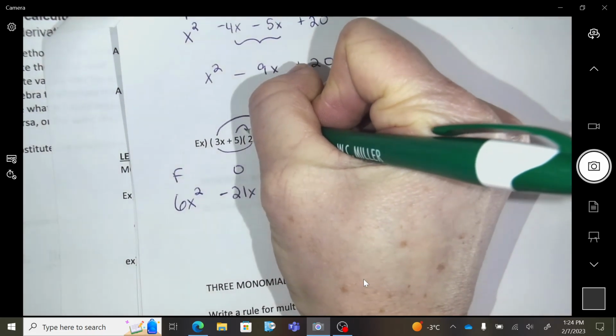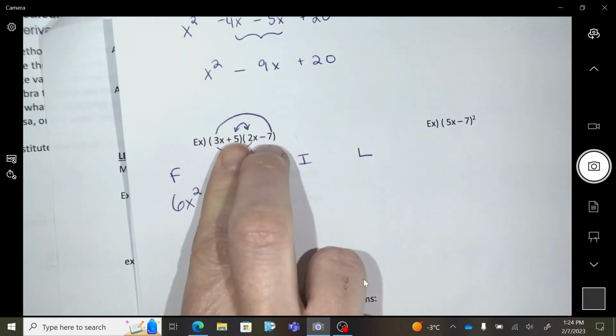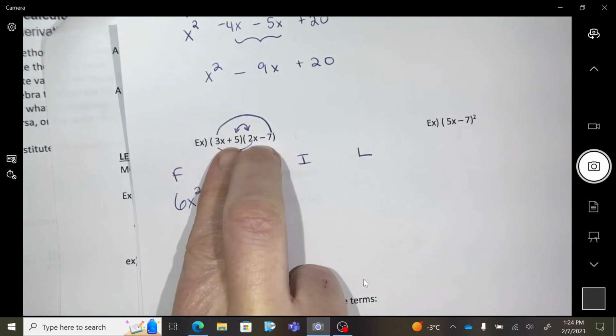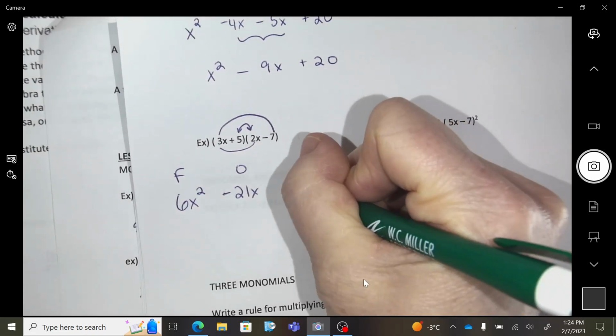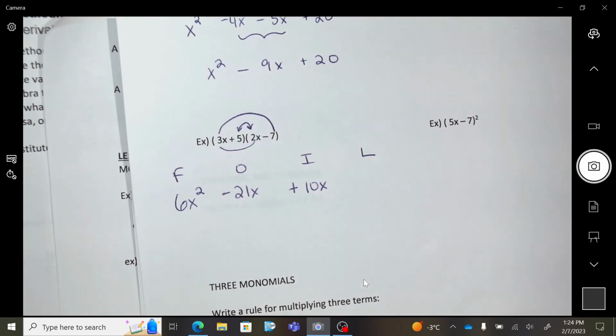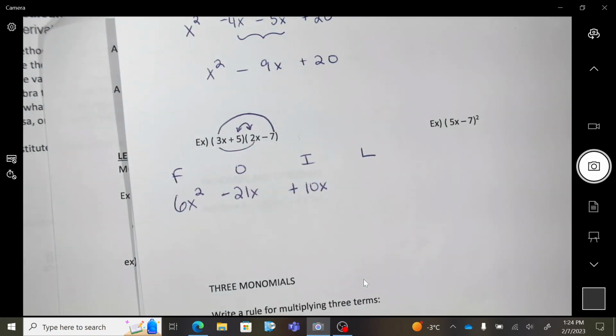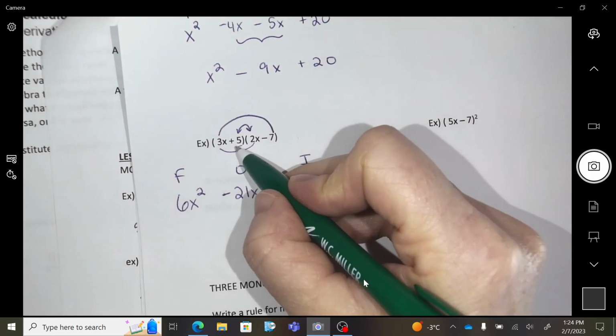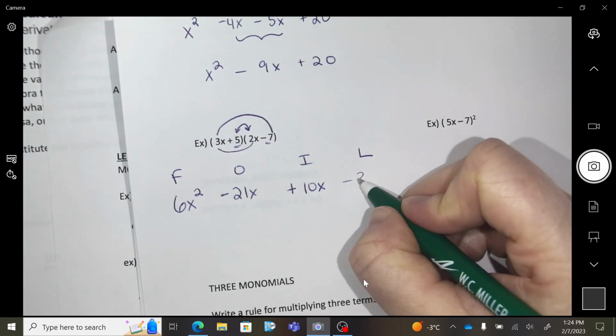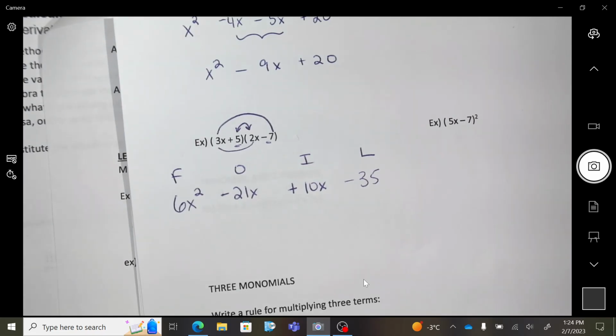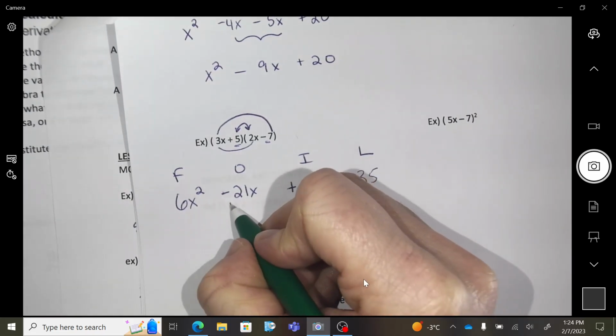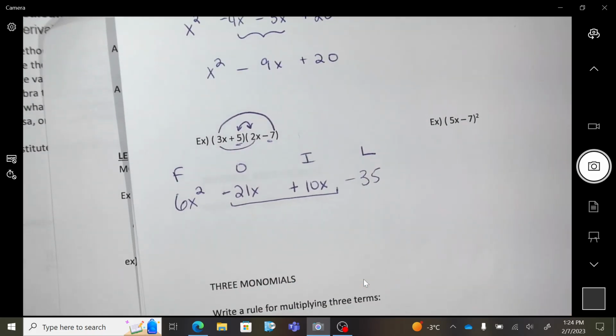The next would be these two insides. 10x. So that's a plus 10x. And then the last, minus 35. Looks like we can again put some terms together.